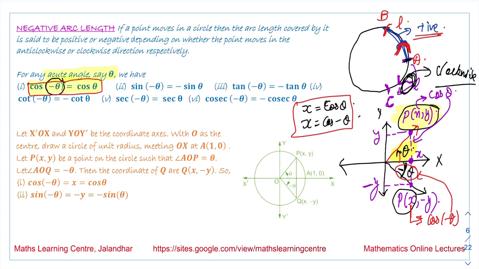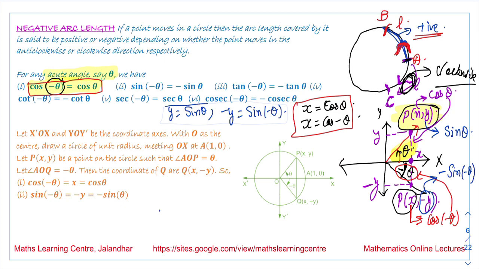Similarly, if we look at the value of y over here, this y is sin theta, and this minus y over here will be sin of minus theta. So what we get is y is equal to sin theta, and the second value we are obtaining is minus y is equal to sin of minus theta.